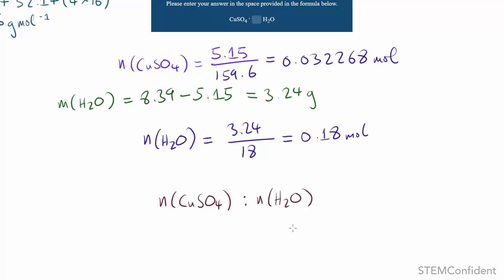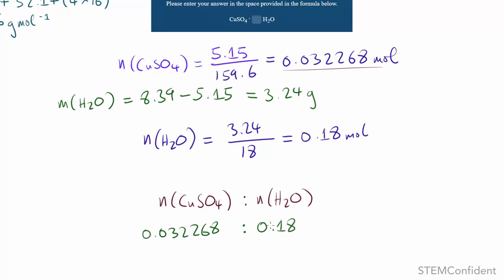For CuSO₄, this is going to be this value here, 0.032268, and for the H2O, it's going to be 0.18.